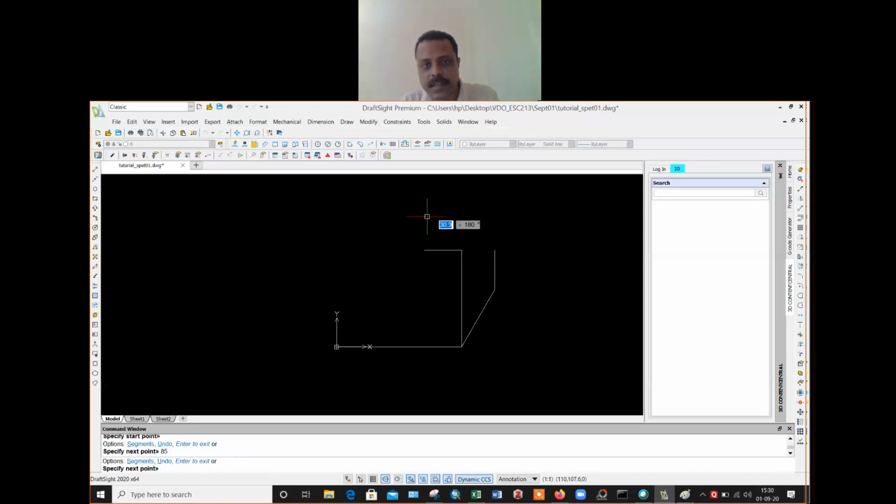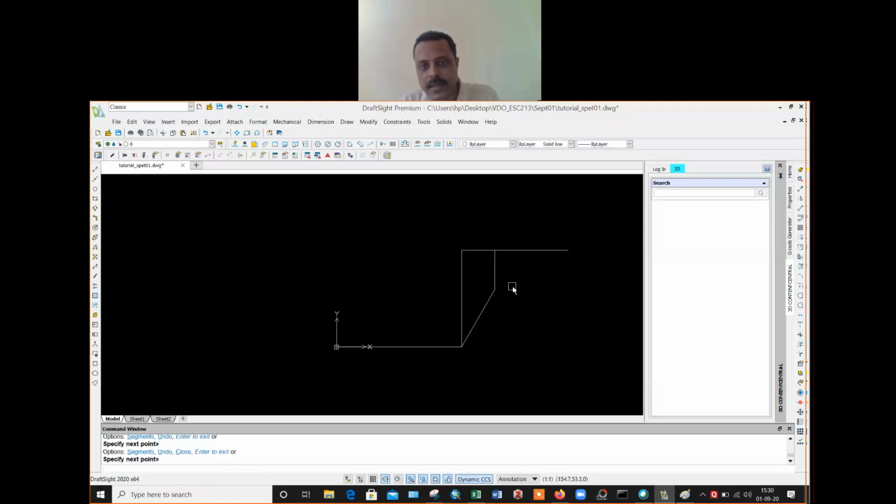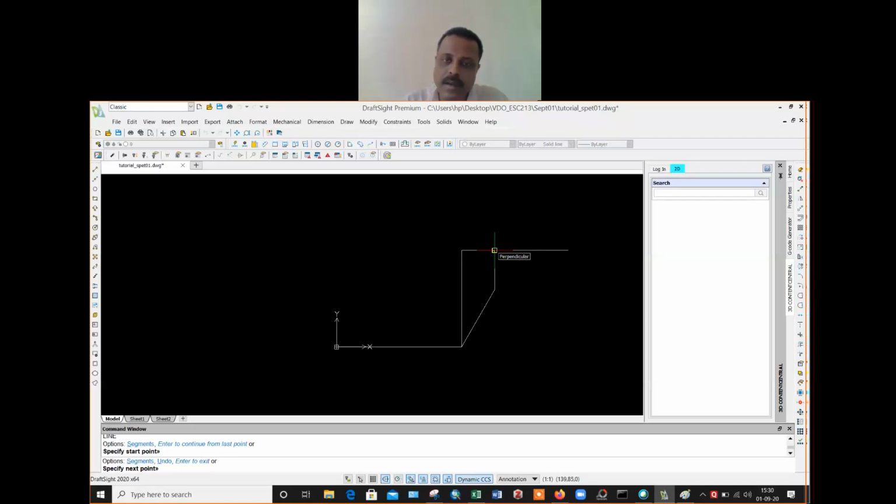And then after that, with my snap on, I am going in X direction. Okay, and then from this point, with my snap on, I am going up to that line. You see, perpendicular. I am going up to the perpendicular point, and then I erase these things.